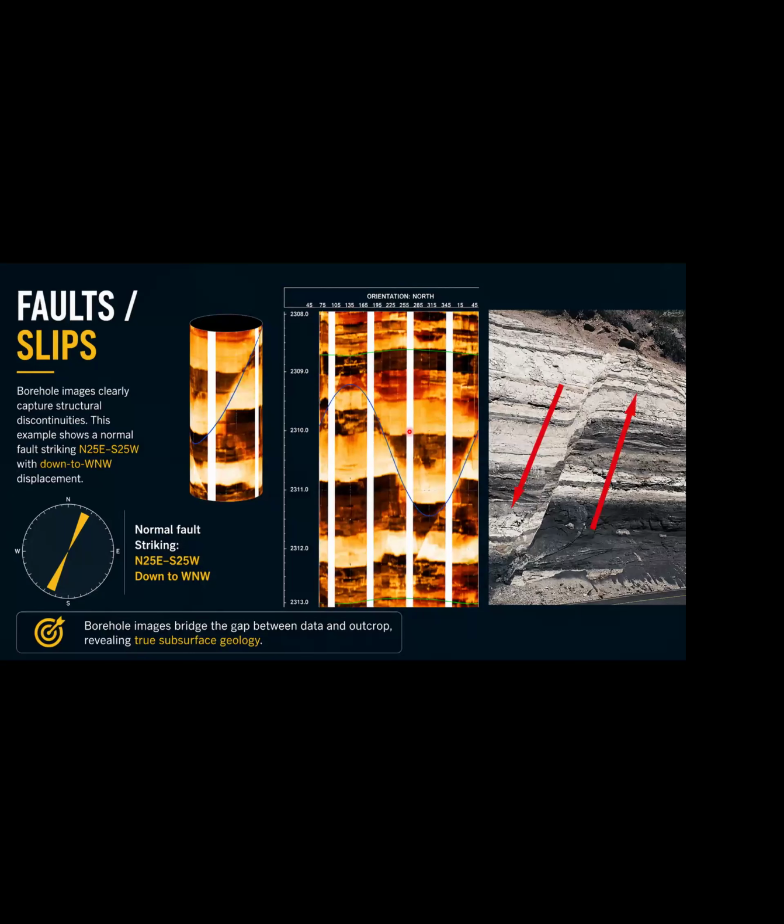In the picture you see, this is not a big fault. This is like a baby fault, or a small fault. But it can range, so you can see a lot of scales of fault. Sometimes it can be captured in the borehole window.